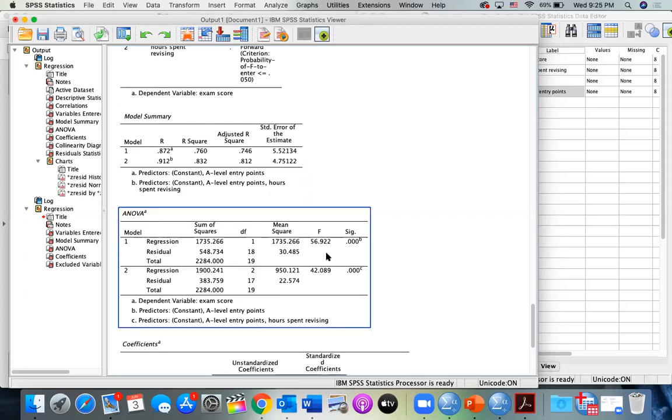So yeah, we will move forward with the second model.